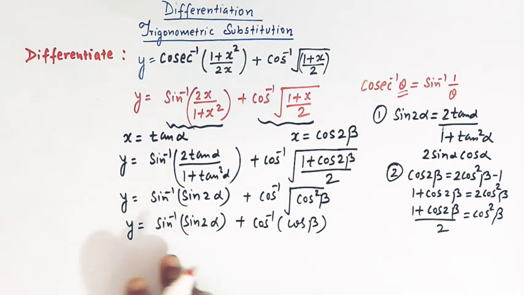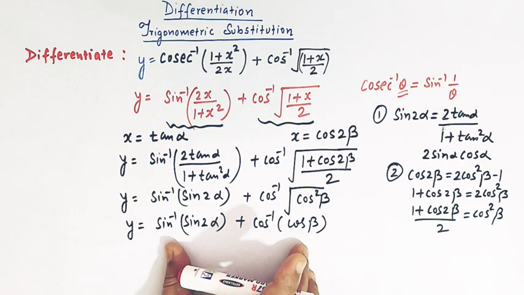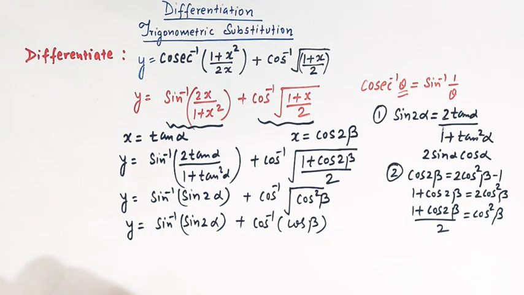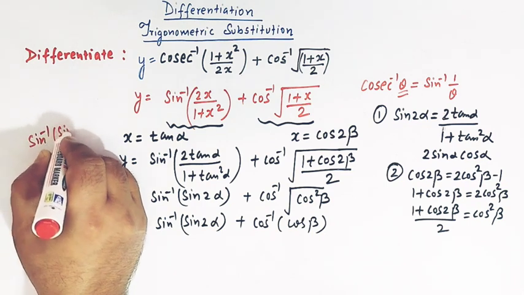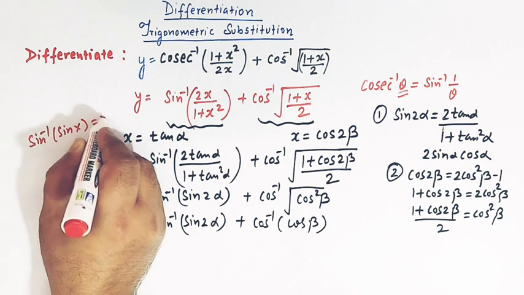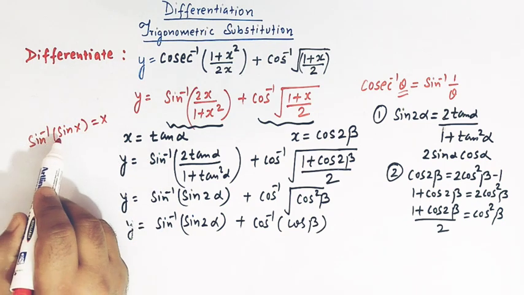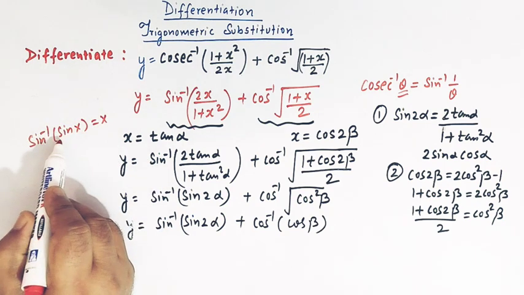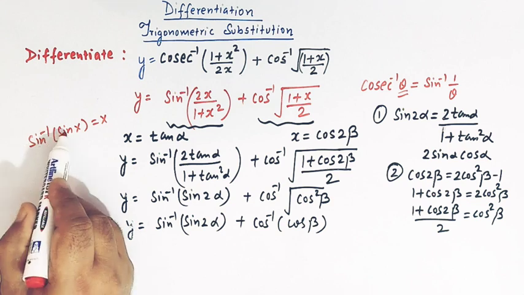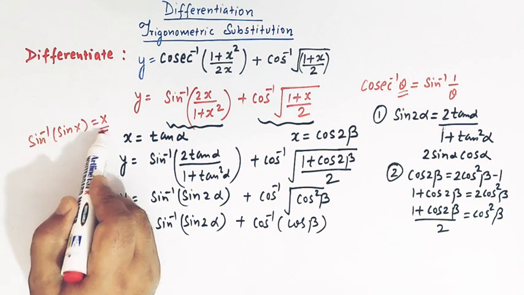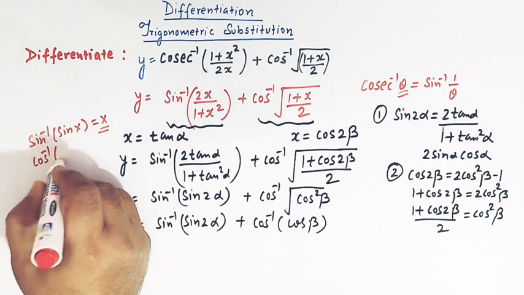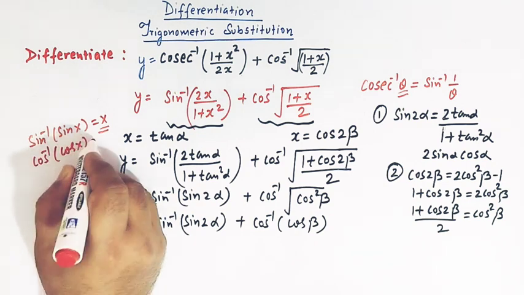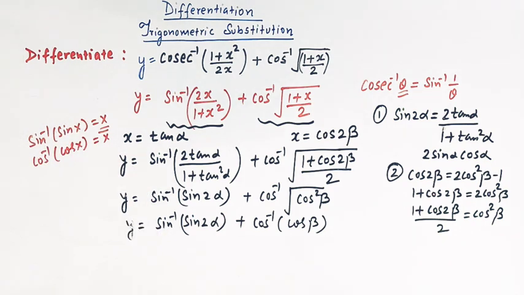So now we have arrived at this result, right? Now from inverse trigonometric functions, we know that sine inverse of sine x is equal to x, right? So here we can assume it like this, that is sine and sine inverse get cancelled and we are left with x, right? And similarly cos inverse of cos x is equal to x, right?